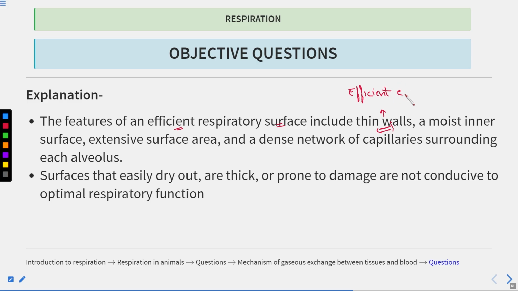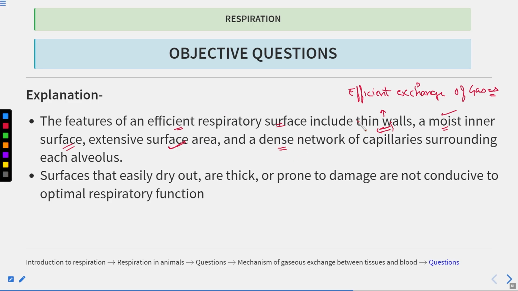The exchange of gases takes place by the process of diffusion. Alright, so for diffusion, the walls should be thin. Apart from this, a moist inner surface is required. So surface should be moist and not dry. And the surface area should be large. So more the surface area, more will be the exchange of the gases.